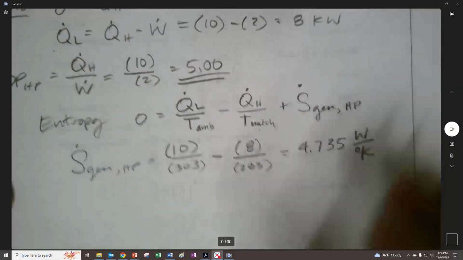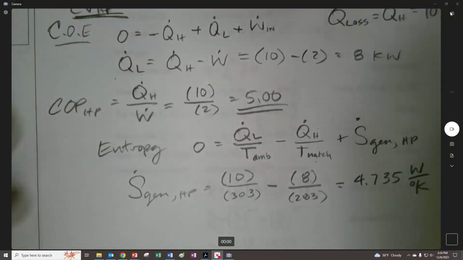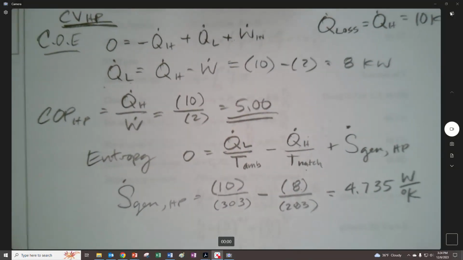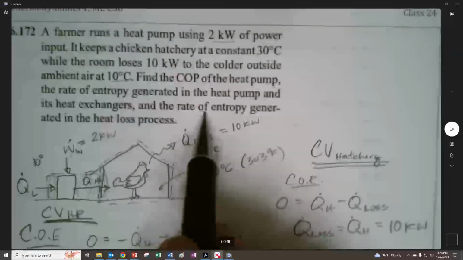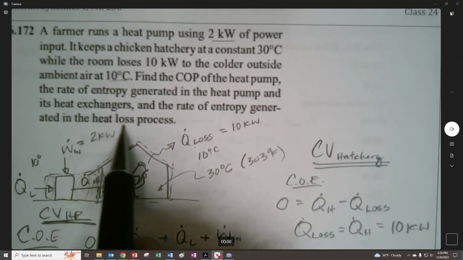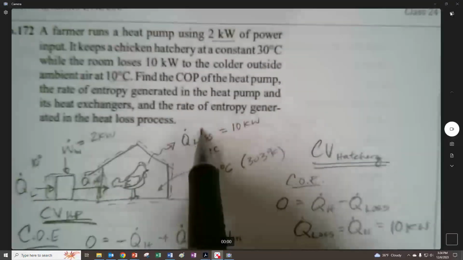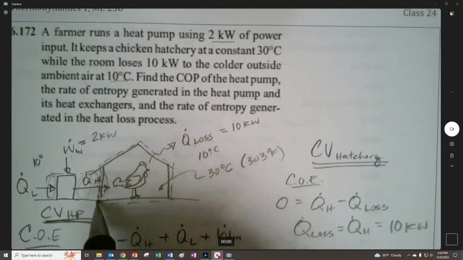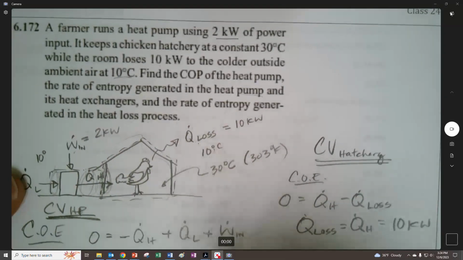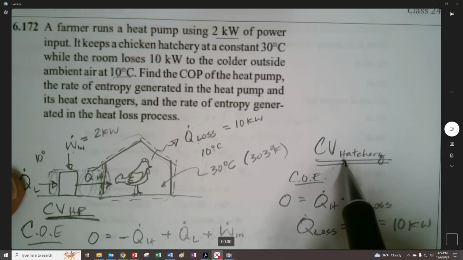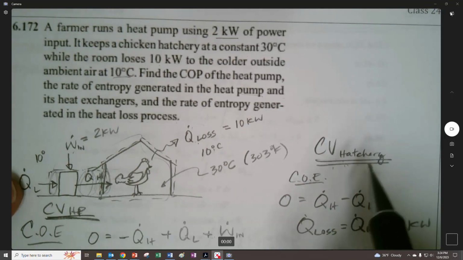And now how about the process here where we're going to go through the chicken coop, right? So we want the rate of entropy generated in the heat loss process. So this is the heat loss process. So we're going to use the control volume for the hatchery, right?